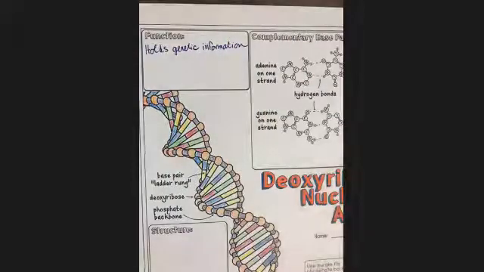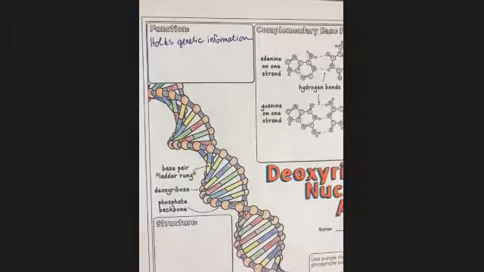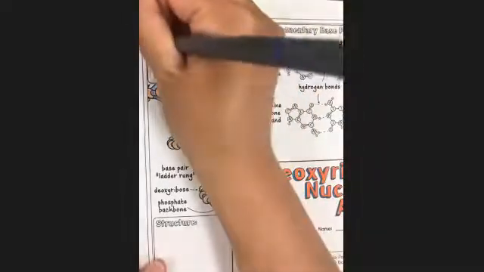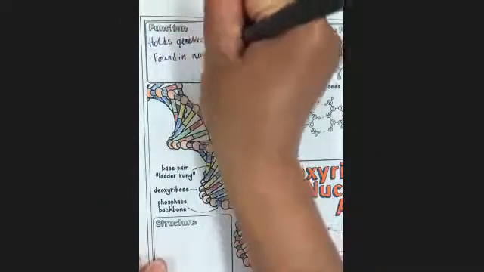Essentially these are all the building blocks for the cell: how the cell is going to look, how it's going to function, what structures it needs, how it's going to perform. That's what DNA does. The DNA in our cells is kept in the nucleus, found in the nucleus of eukaryotic cells.